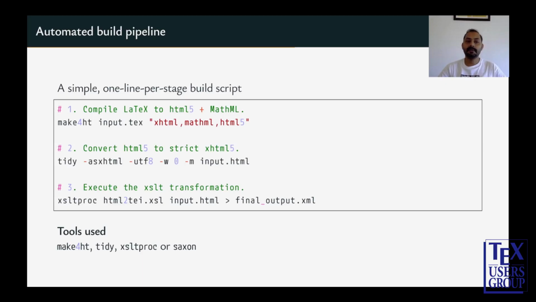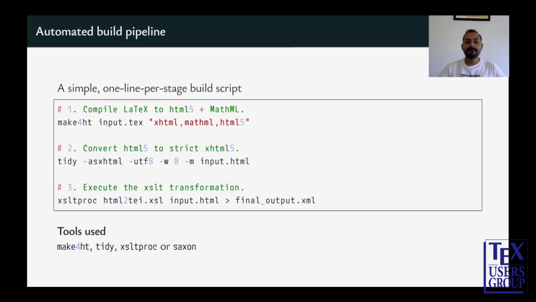We have also built an automated pipeline, which is basically a makefile that bundles 3 different steps. First step is to compile the input source file using TeX with the option mathml, HTML, and HTML5. This produces an HTML5 document, which needs to be converted into XHTML with proper opening and closing tags.